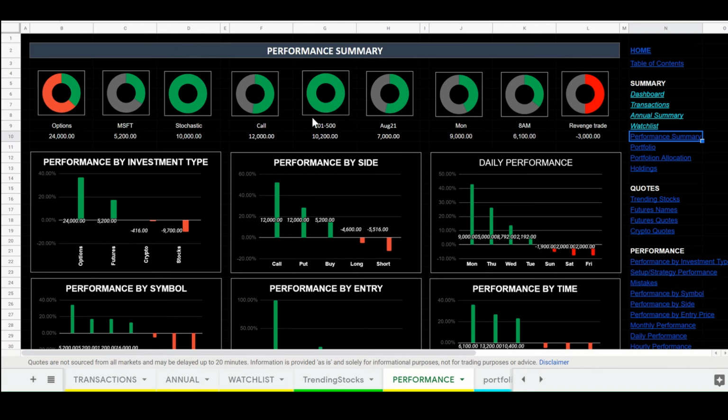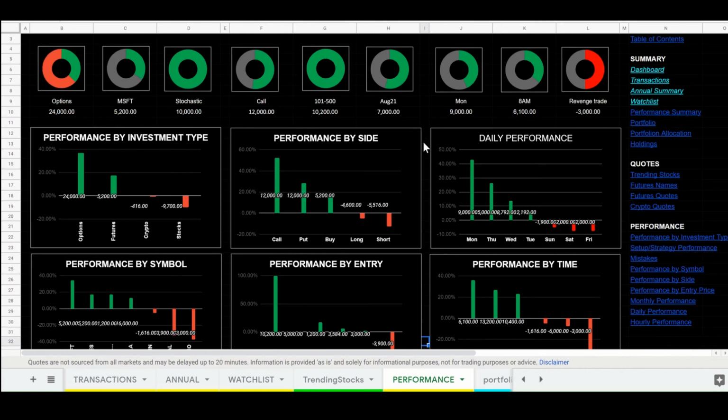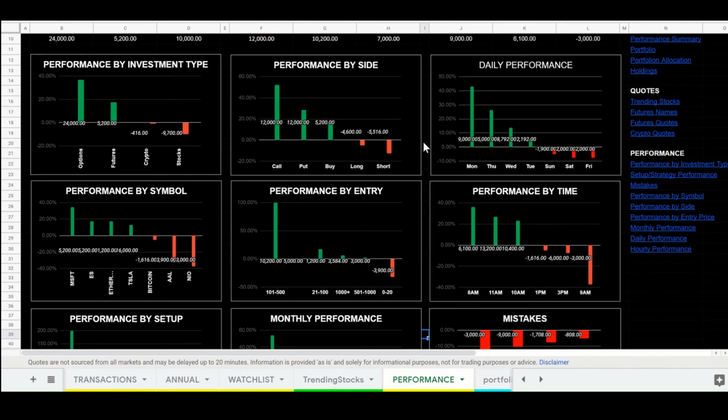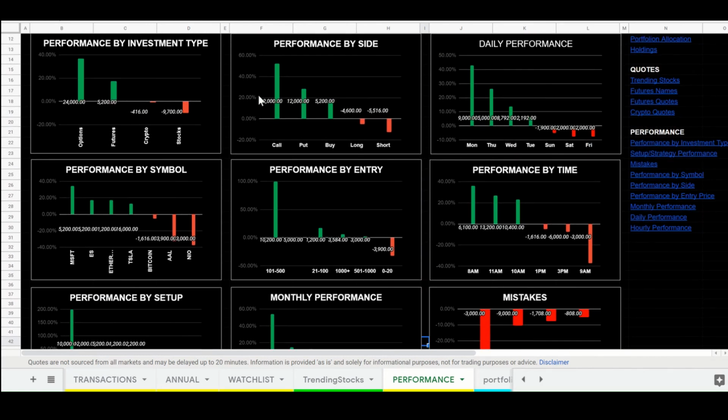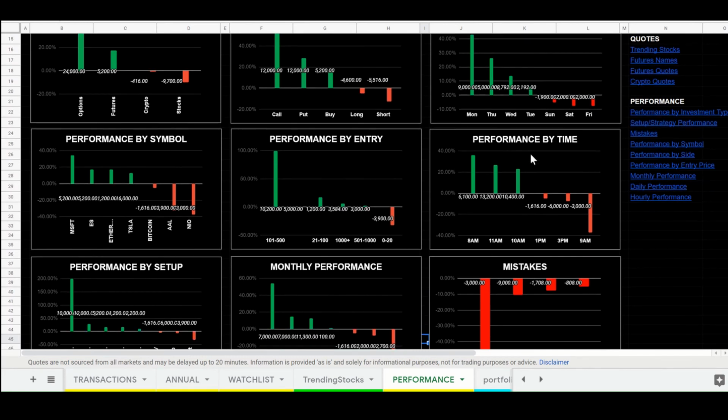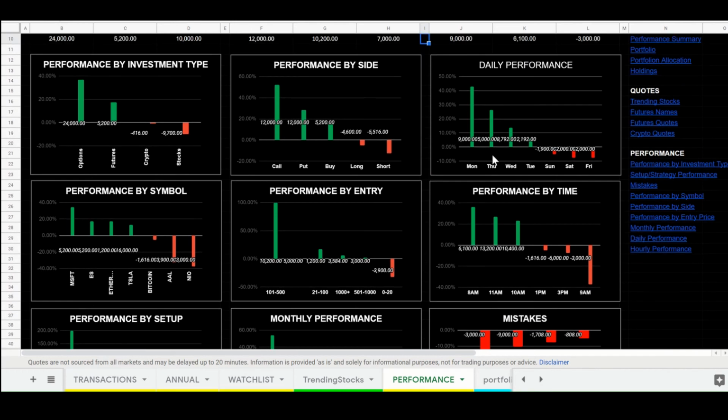So you see that high level view up there in donut chart format. You can also see them over here, so you see each item in chart format. Now you see all the high level stuff there. Now if you want to go through each one, let's pick one right here, daily performance.